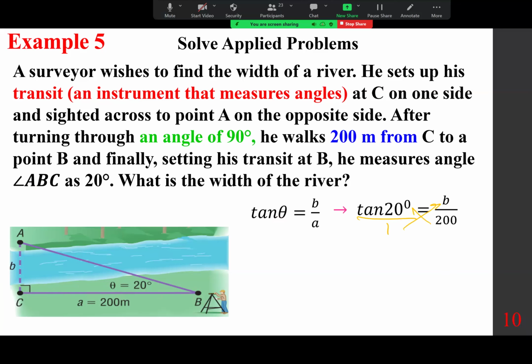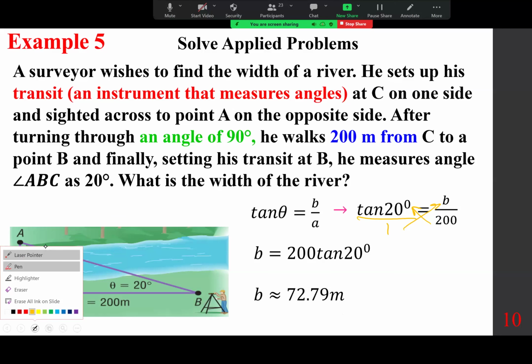One times B is B. And you multiply these two. Of course, you look up tan 20 using a calculator, and it gives us B, the width of the river, to be 72.79, the same units, meters. Okay, class, the same units.